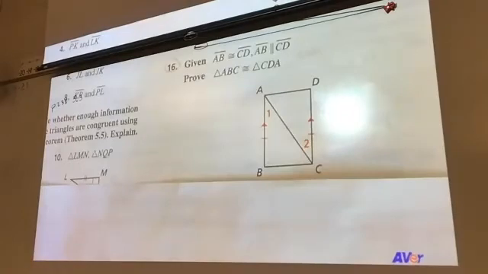Remember, if they give us numbers in those angles, feel free to use those numbers to label that angle. Call it angle 1, angle 2.